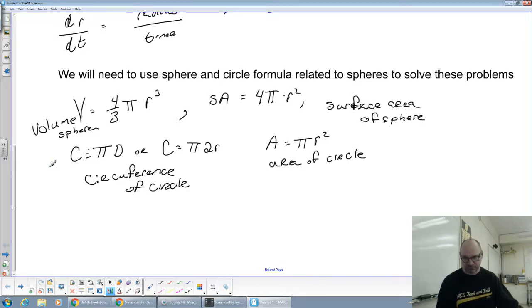And it may seem like, oh, what are we doing here? But once we actually do an example here, it'll start making better sense to us. Okay, so let's do a simple example, kind of like this balloon one here.